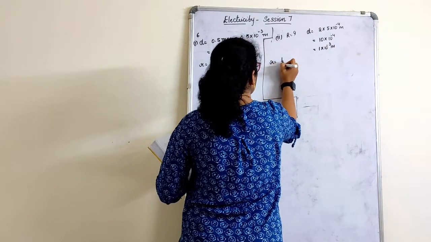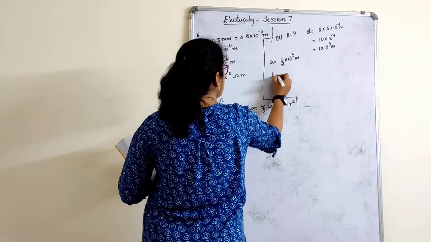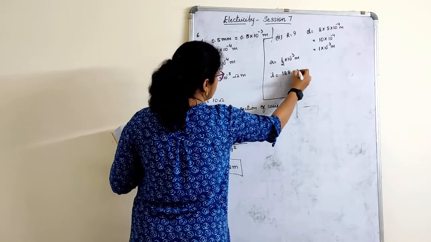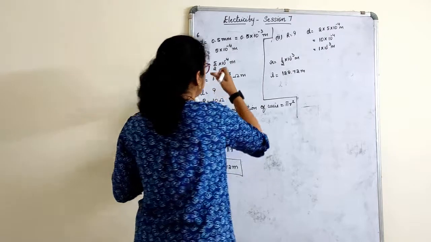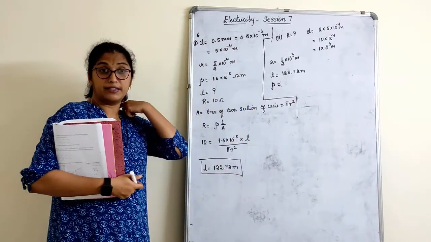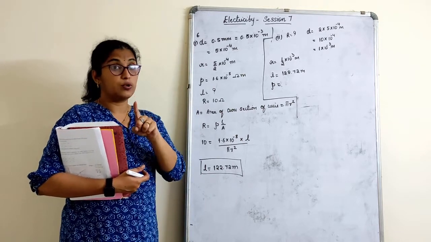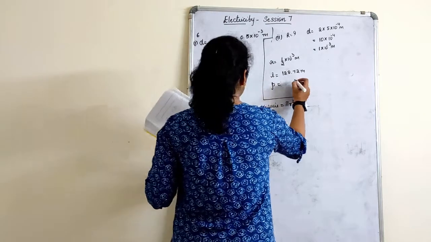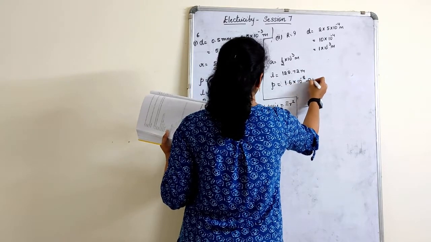Radius is equal to 1 by 2 into 10 raised to minus 3 meter. The length is 122.72 meter. Anything else given? Resistivity will be the same, because however big or small the wire is, resistivity will not change. We know that it remains constant. That is what we studied in the chapter. Resistivity is equal to 1.6 into 10 raised to minus 8 ohm meter.